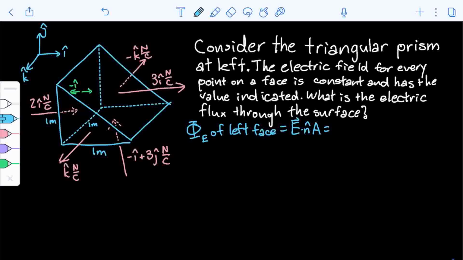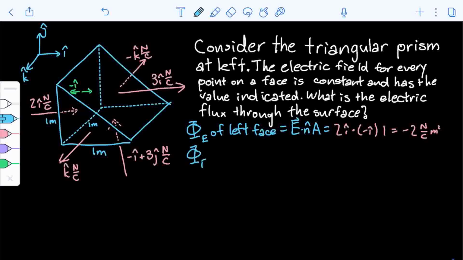The area of this face is 1 meter times 1 meter equals 1 meter squared. Plugging it all in, we get 2 i hat dot negative i hat times 1 meter squared, which is equal to negative 2 newtons per coulomb meter squared. So that gives us the flux of the left face.